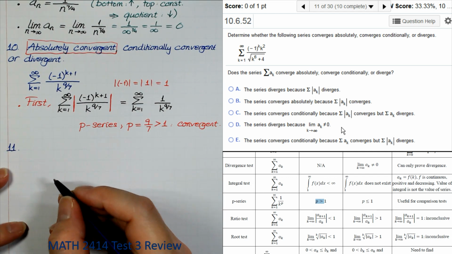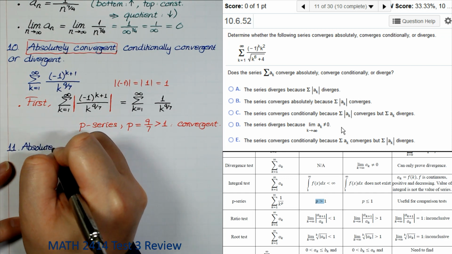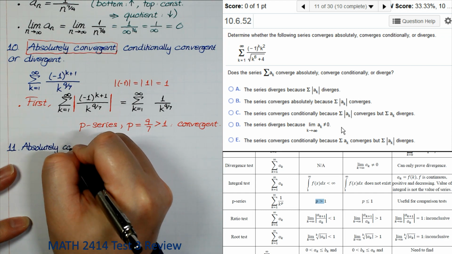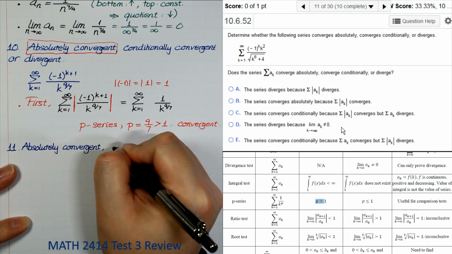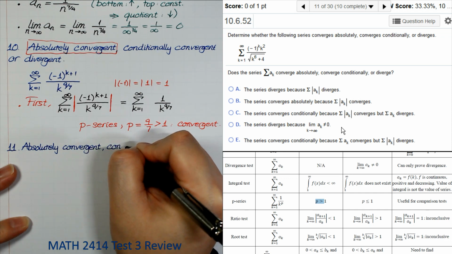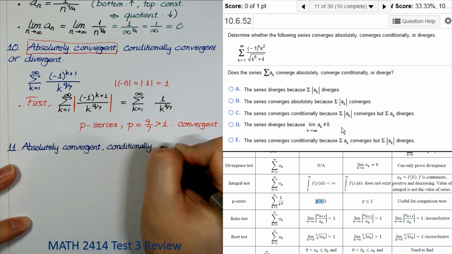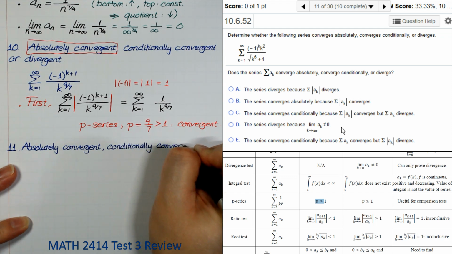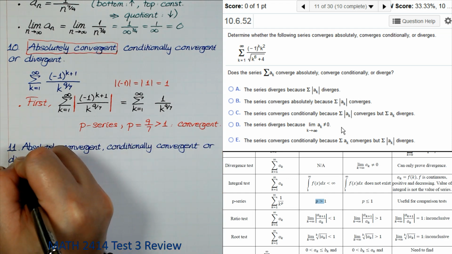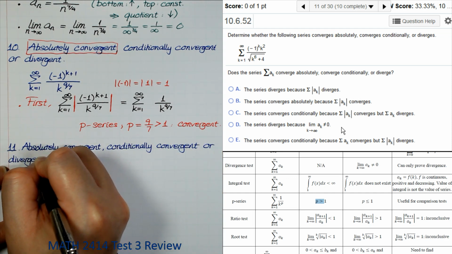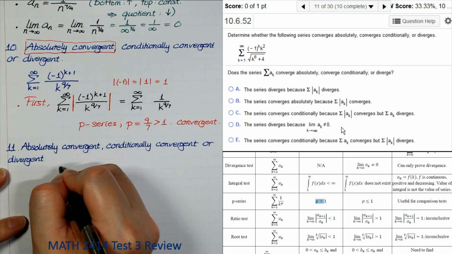Next, same thing: absolutely convergent, conditionally convergent, or divergent. And we have the series.